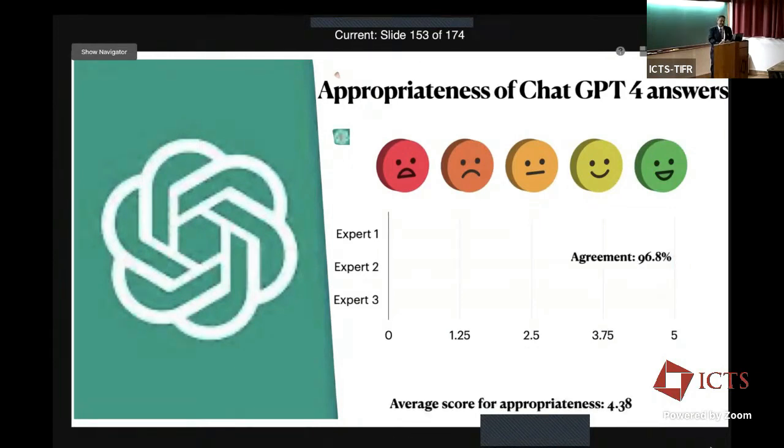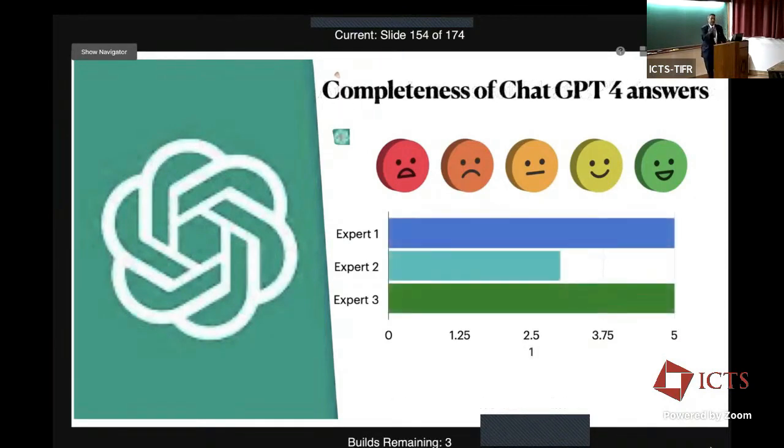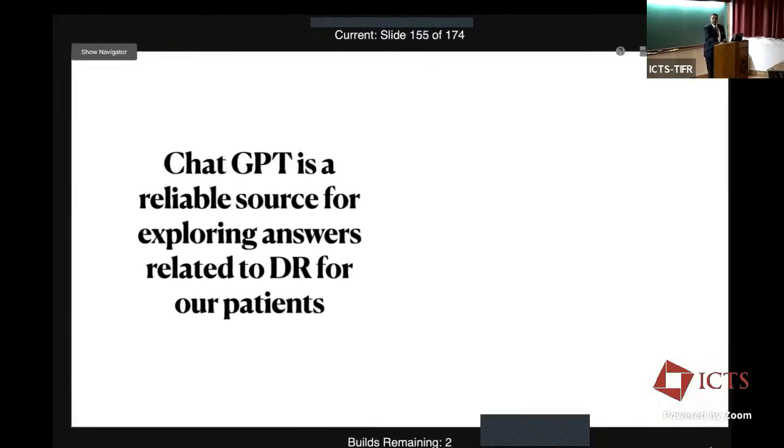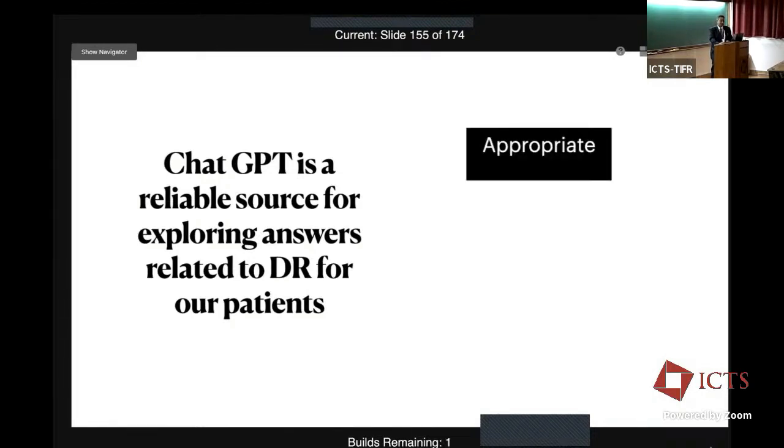And this is for the completeness of the answers. Across those 20 questions, the completeness also seems to fare pretty well, about 87%. So it can be a reliable source for exploring answers related to diabetic retinopathy for our patients. It's both appropriate and complete.